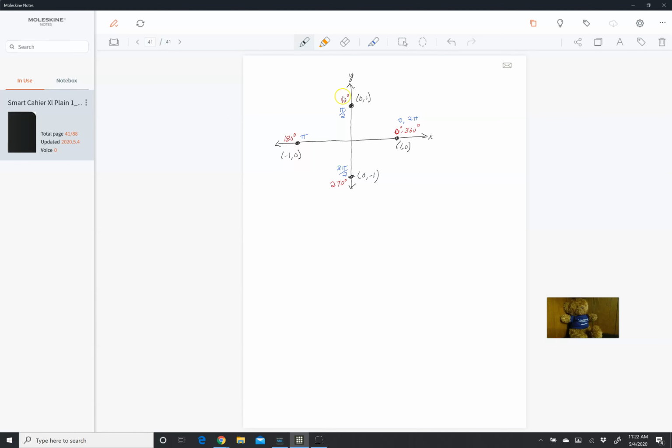Well, these are much smaller numbers. 2 pi as a number is 6.28. Pi as a number, if you put it in decimal form, is approximately 3.14. These are much tinier numbers. We could deal with these numbers, okay? We're going now from 0 to 6.28 instead of from 0 to 360. That is much more reasonable.